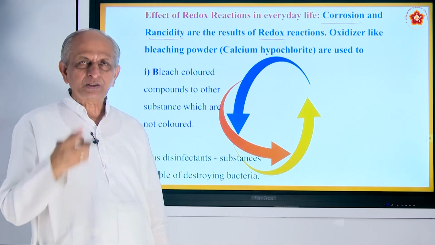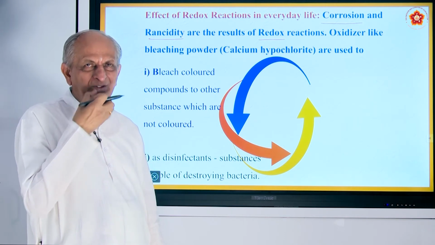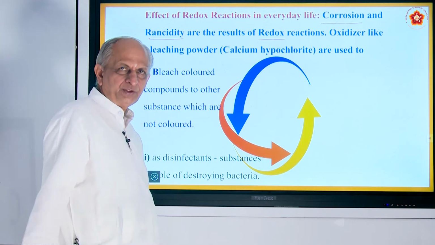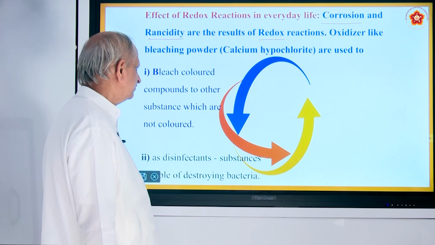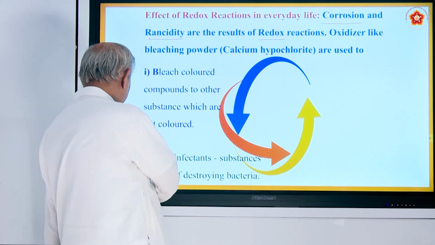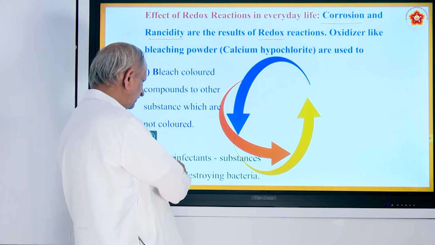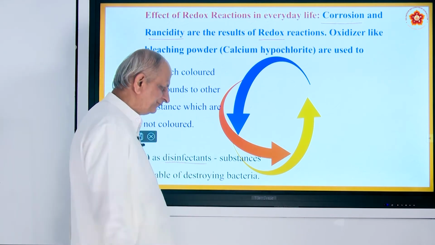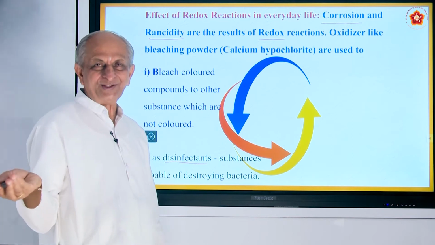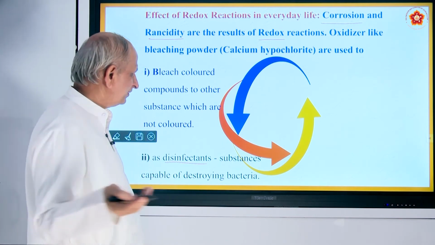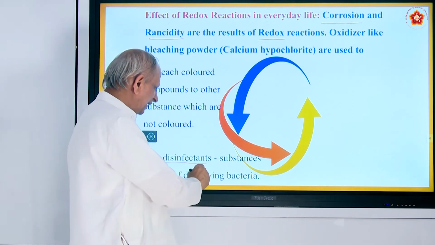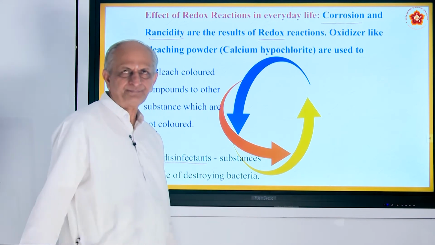And how did you get it? It is nothing but passing of chlorine into calcium hydroxide solution. And also bleaching powder is used as a disinfectant, which all of you know. In bathrooms, toilets and all, they use bleaching powder, and it destroys bacteria.